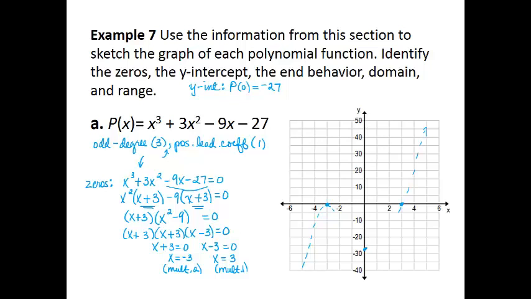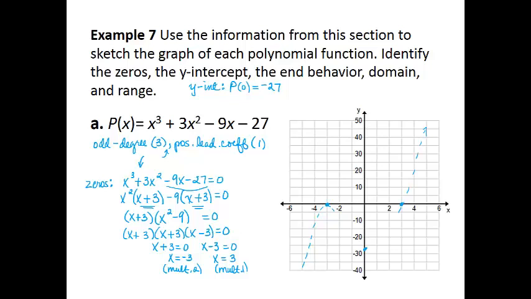Now what you could do is find more points. If you want some more detail in this graph, I could find an ordered pair on the graph between my intercepts. So I could choose to plug in a value between -3 and 0, and then between 0 and 3 to get more points.